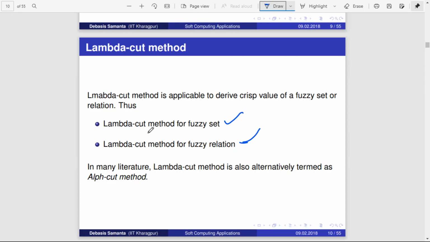One is for fuzzy set, and the other is for fuzzy relation. The lambda cut method is also called the alpha cut method. If you recall, we have already discussed briefly about the alpha cut method. It is the same as that, an extension of that.